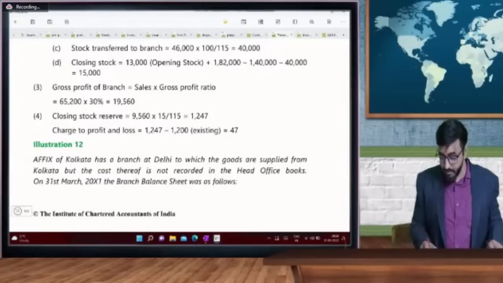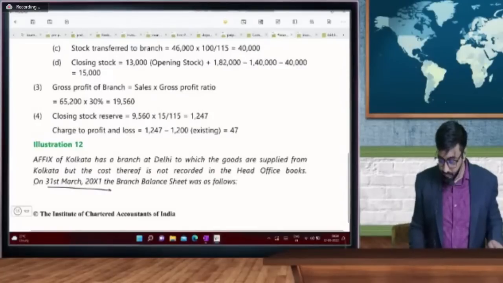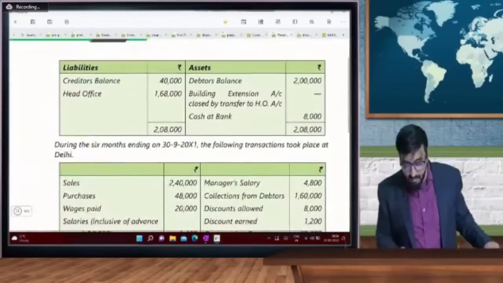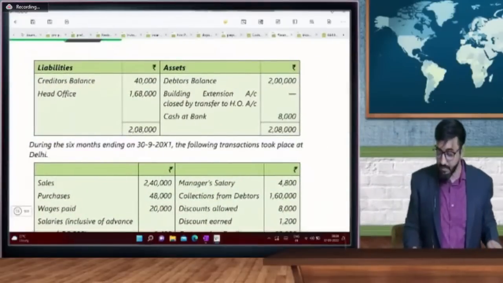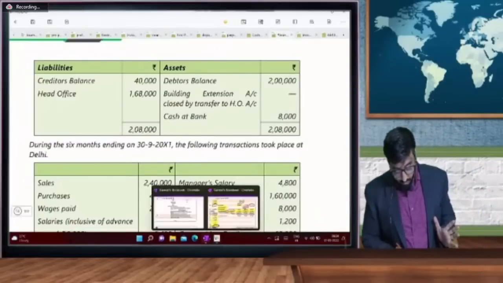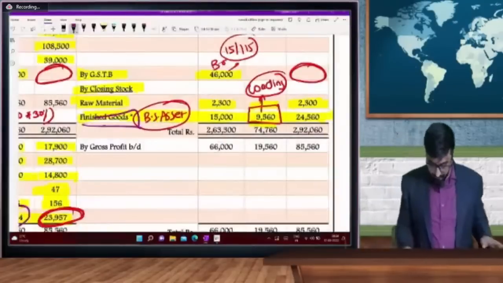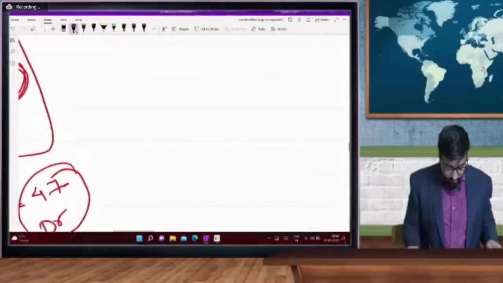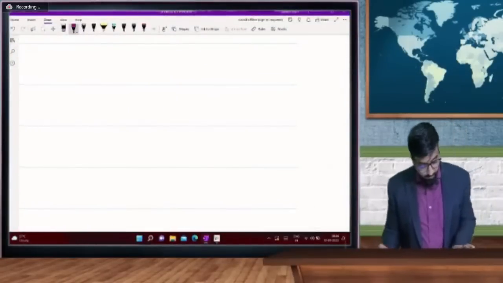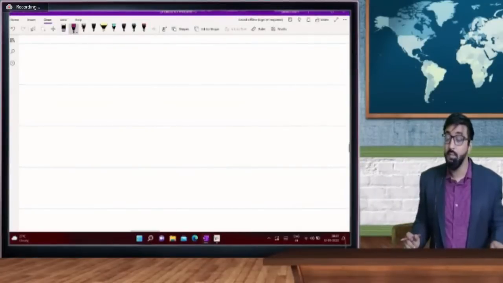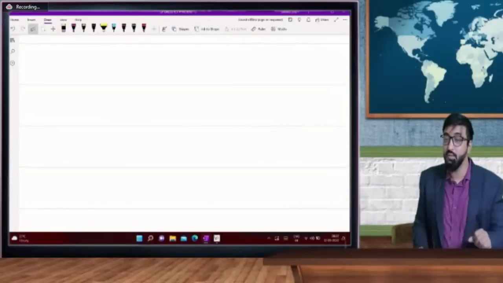On 31st March 2001, the branch balance sheet was as follows: creditors, head office balance, debtors, building, cash at bank. Now I will tell you first, what is the second technique for merging branch balance with head office?